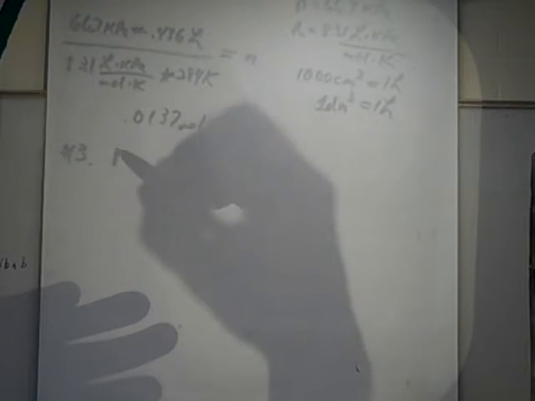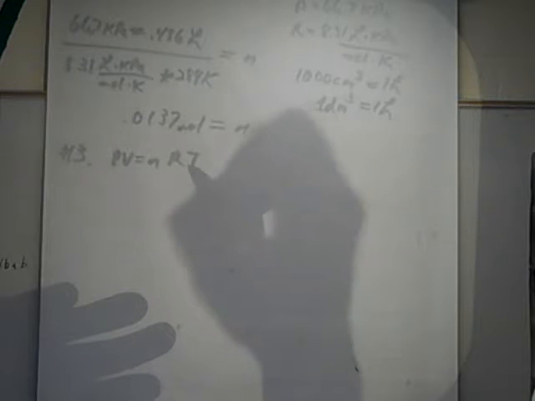Number 3, let's see, 3, 4, 5. Okay, let's do 3 just for funsies. Same equation, PV equals nRT.